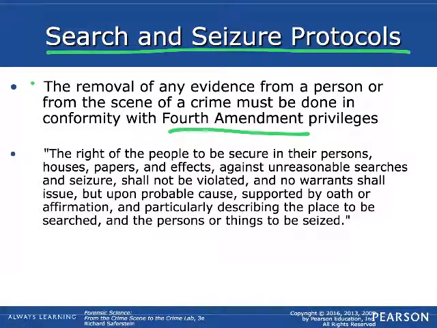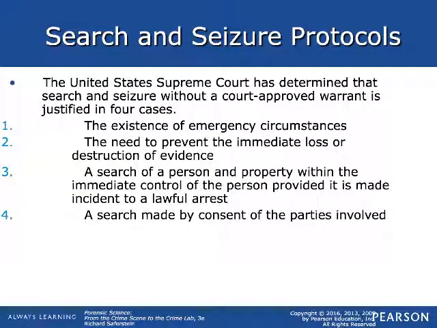I'm missing some of my bullets here. There are 4 reasons or 4 cases that the Supreme Court has determined exist where you could search and seize without a court-approved search warrant. They say it's justified in just 4 cases.